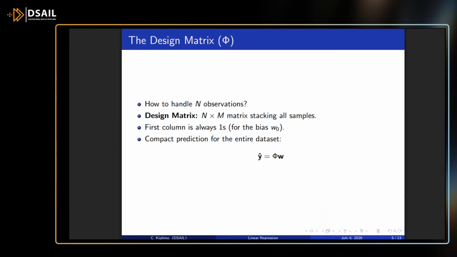Right? So phi is a matrix, and w here is a vector.